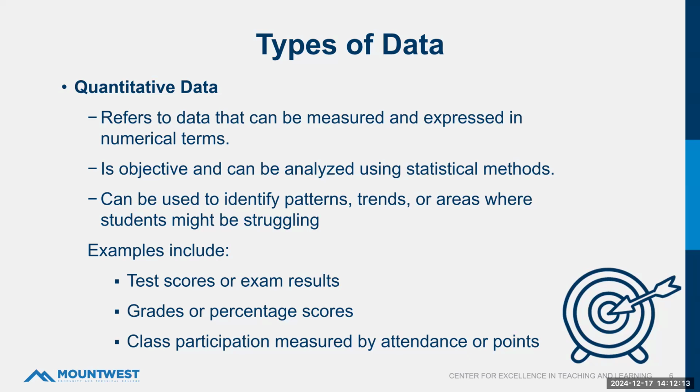We can study historical trends, patterns, and start to connect the dots between the data that we have, whether that's enrollment data, course success rates, or anything in that field. It is objective. Numerical numbers show you where we are, and can be used to identify trends, patterns, or areas where students might be struggling. Some examples are test scores or exam results, grades or percentage scores, or class participation measured by attendance or points.